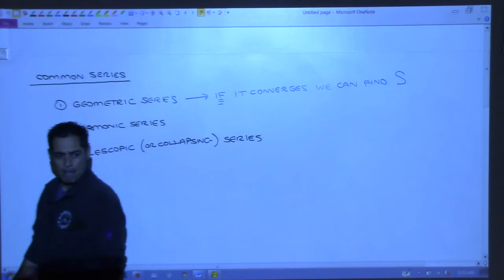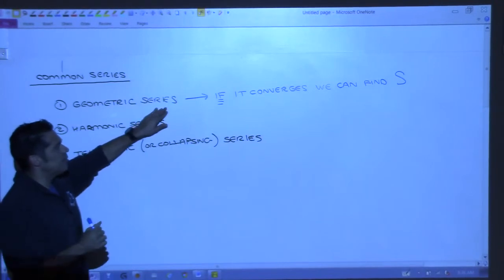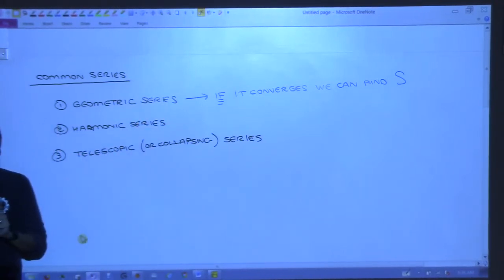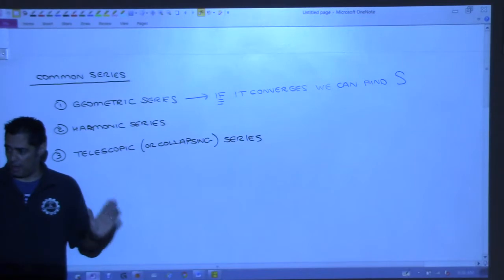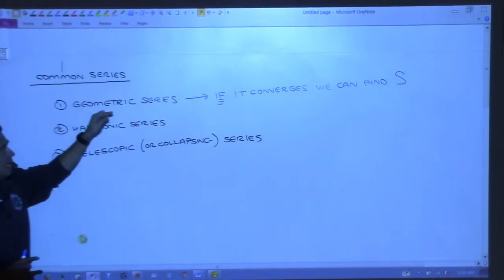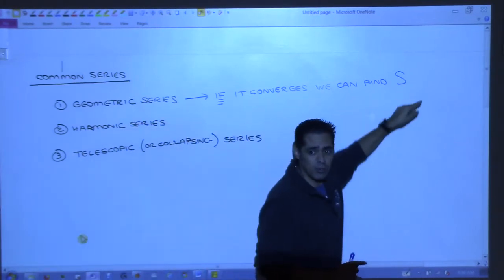I'm saying something pretty strong here. Let me repeat again. Our goal with series is to be able to determine whether or not they converge or diverge. If we're looking at a geometric series, if it does converge, we can actually find S. What's S?